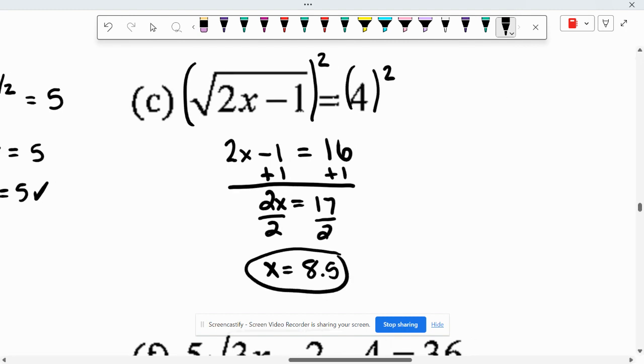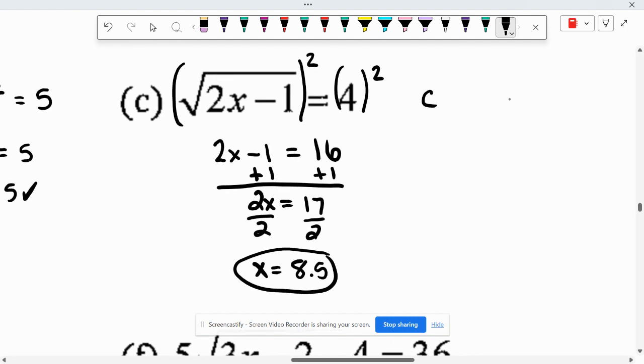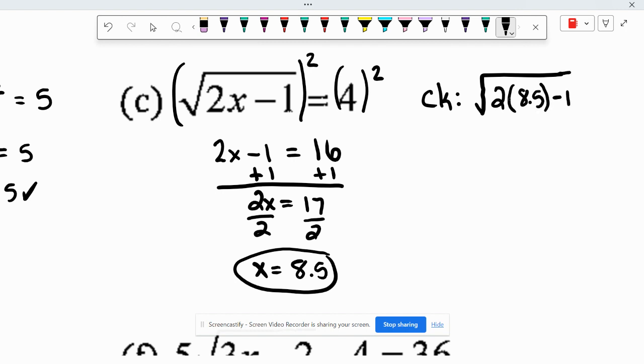That's the first time I've had a decimal. Let's see. Let's check it. Let's put it into our original equation. The square root of 2 times 8.5 minus 1, that's all underneath the radical symbol, equals 4. Well, what is 2 times 8.5?